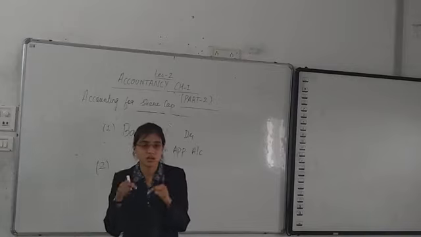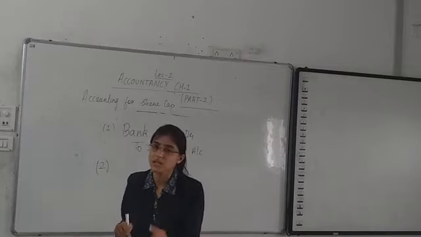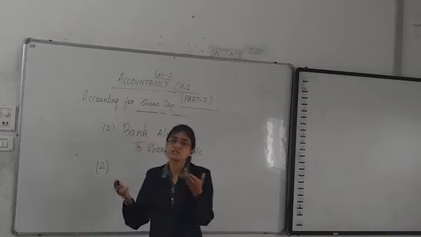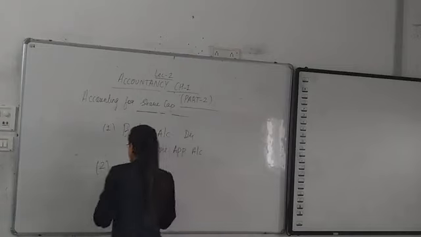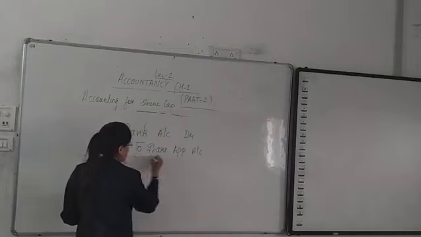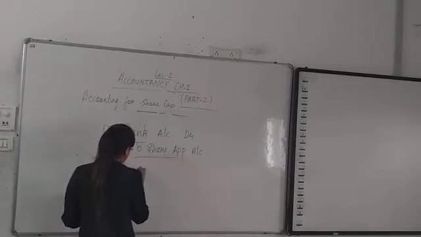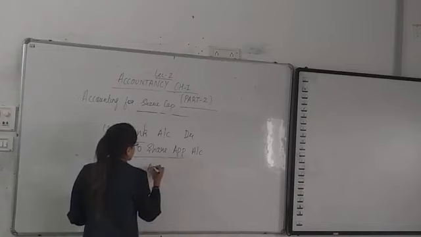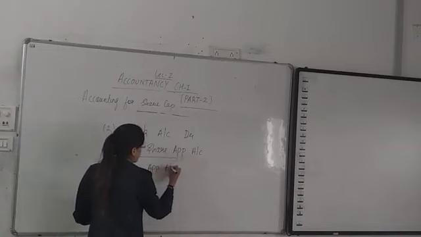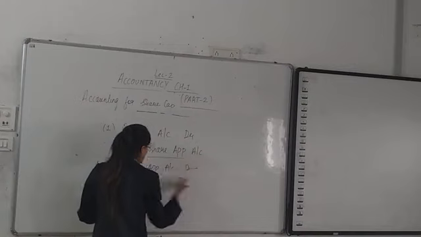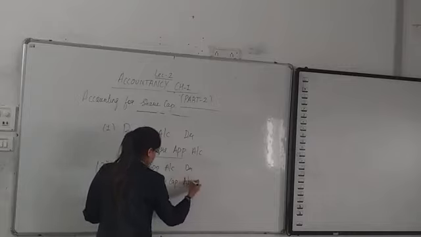Why? Because the capital raised by the company by issue of shares is share capital. So this account will be closed by debiting it. Share application account debit to share capital account.